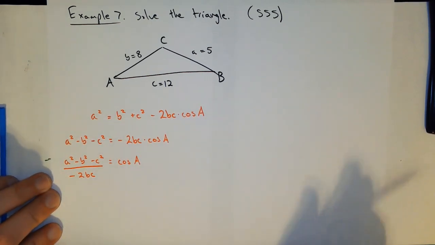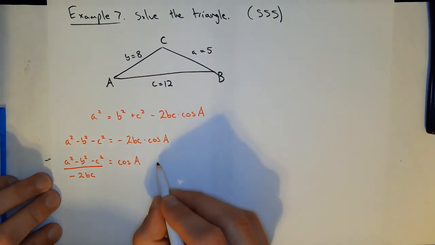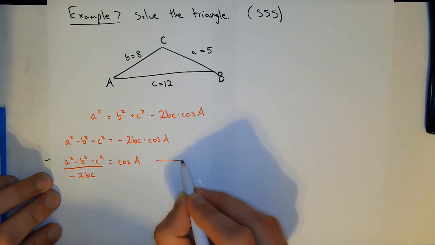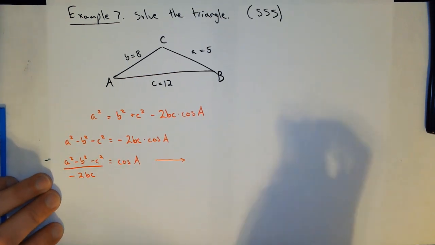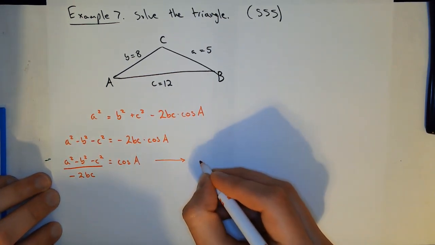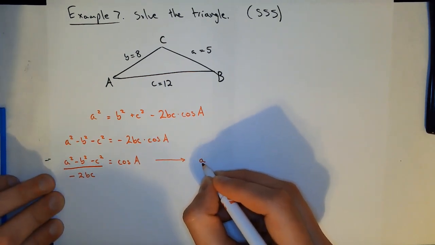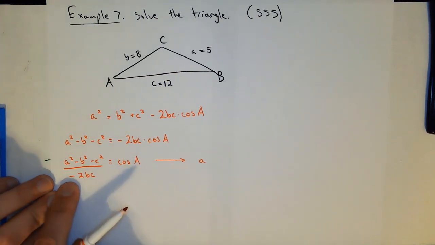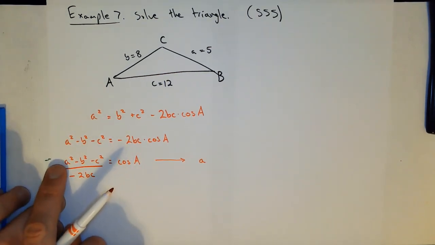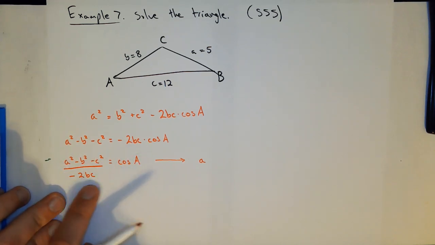And then I'm going to scoot this over just for the sake of space. I'm going to do something here before I take the cosine inverse, just to clean this up a little bit. I'm going to use up this negative in the bottom and flip all of these signs so that I don't have this negative in the bottom.